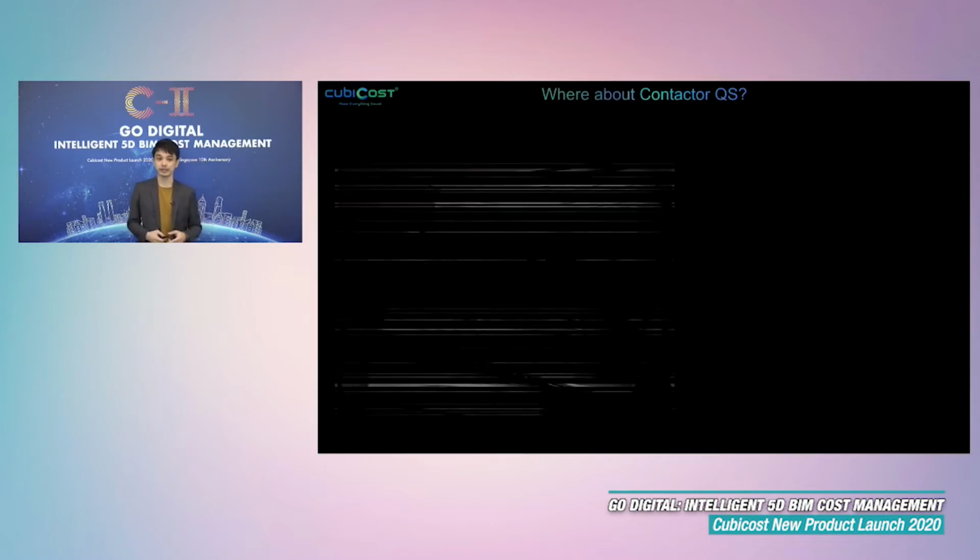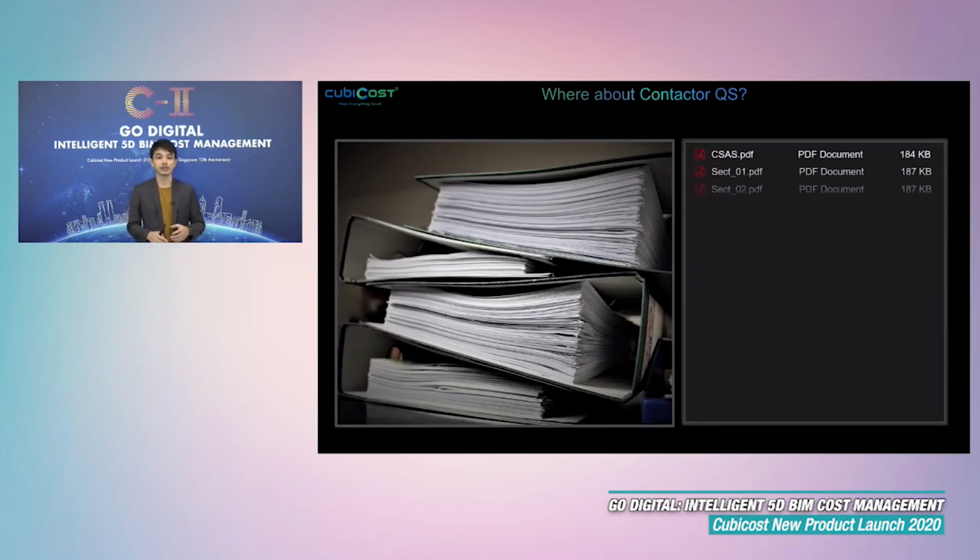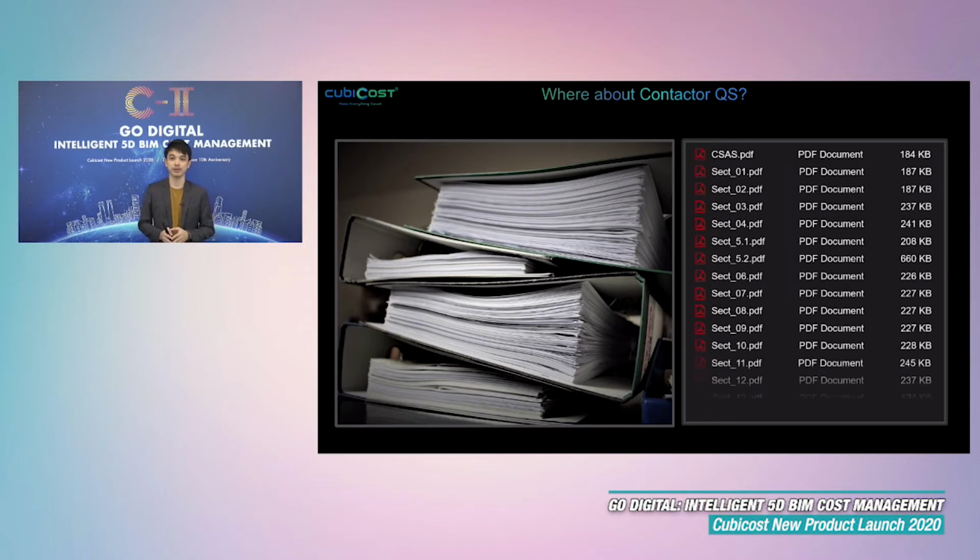How about contractors? Usually, contractors receive hard copy or electronic tender documents. Firstly, QS need to convert all of them into editable formats. Usually, we know that it's in Excel again. In this case, without a powerful tool, most of the QS have to type them letter by letter, one by one into Excel.